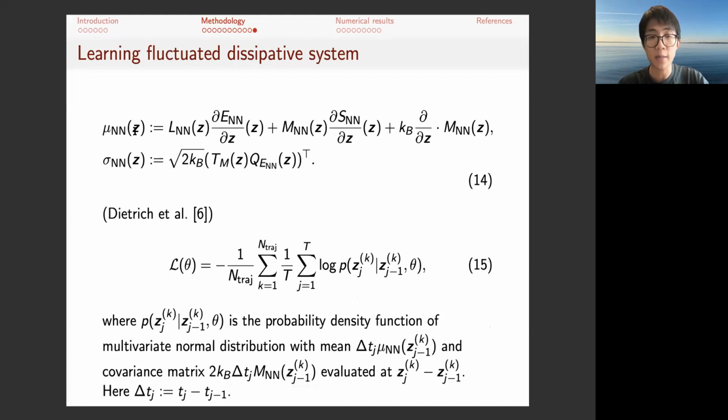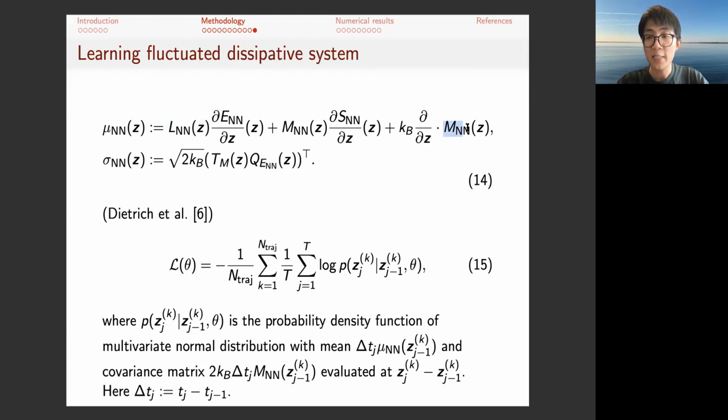The way we do it is exactly the same as before, by parameterizing mu as the neural network constituted by L, E, M, and S, which automatically satisfies the orthogonality condition. And we parameterize sigma to be equal to the square root of M divided by some constant because of the fluctuation dissipation theorem.